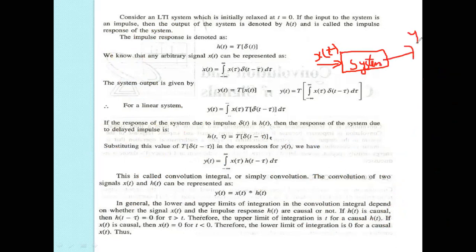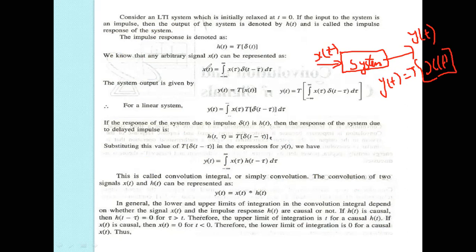To get the response, y of t. So what is y of t? As we wrote in the previous case, when the signal delta of t is given to the system, we get the impulse response h of t. In the same way, y of t is equal to T of x of t.